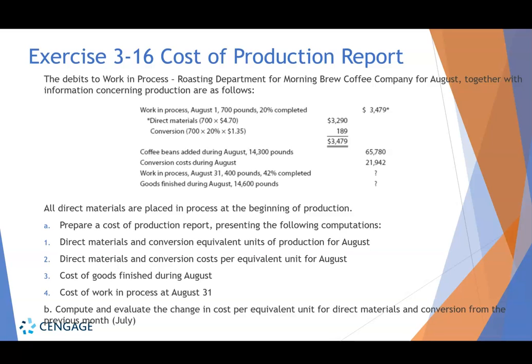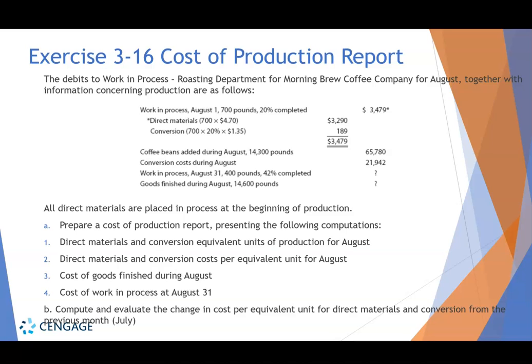So here's a problem we're going to look at. The debits to work in process for the roasting department for Morning Brew coffee for August, with other information, is shown here. We've got our work in process at the beginning of the month of August, 700 pounds, 20% completed.